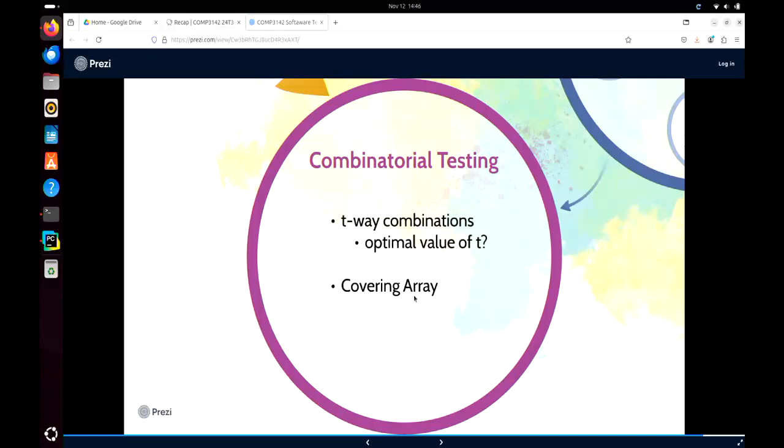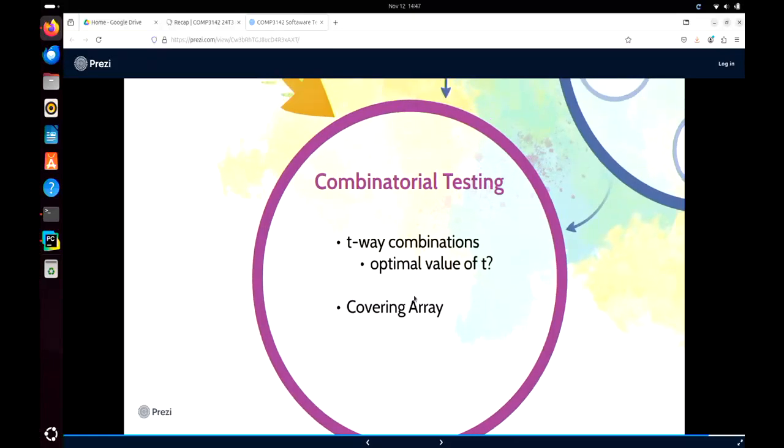Calculating this covering array is not very straightforward, and we learned one of the algorithms, called the greedy algorithm, for calculating the covering array.